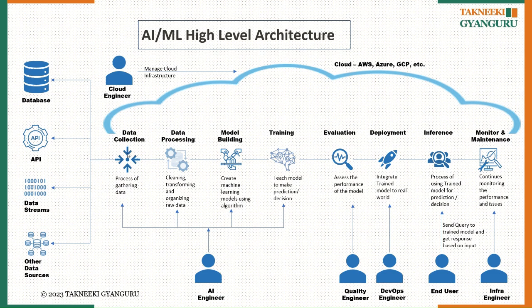So data is collected, then processed, and then it goes for model building. What will be done in model building? Create a machine learning model using an algorithm. Suppose we have the data and we want to predict a future forecast, right?